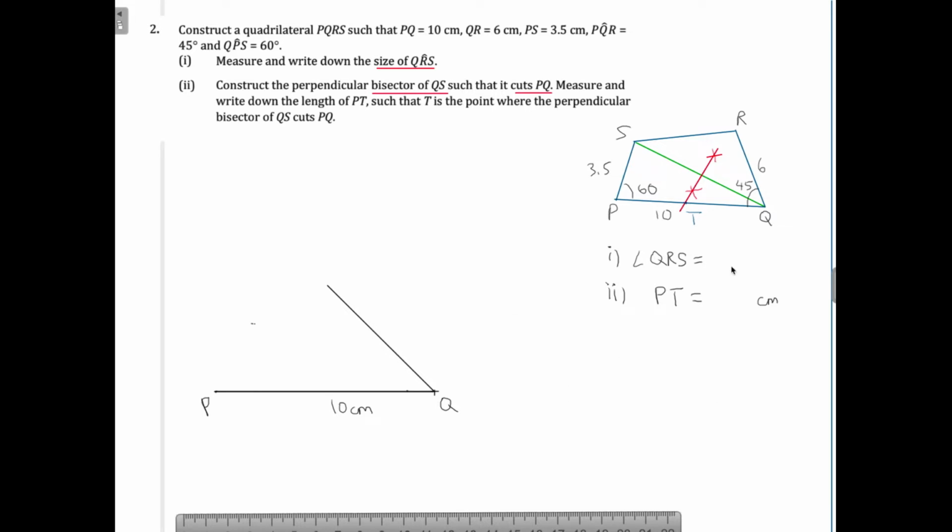Move the compass aside. Now we want the side 6 cm. To mark the side 6 cm, we bring the compass to the ruler and take a length of 6 cm. Bring it over to the point Q and draw an arc of 6 cm.